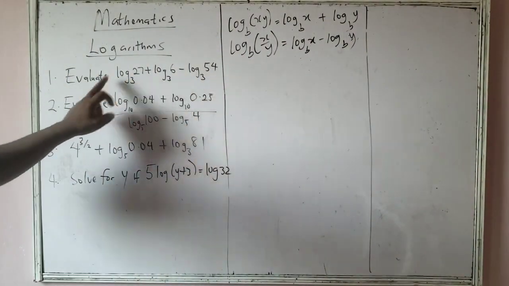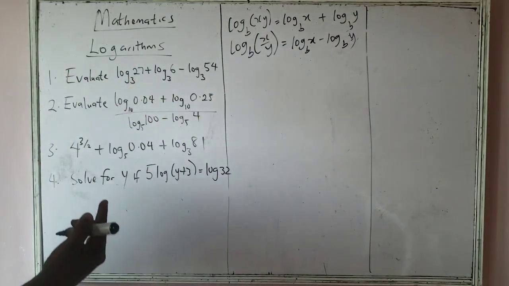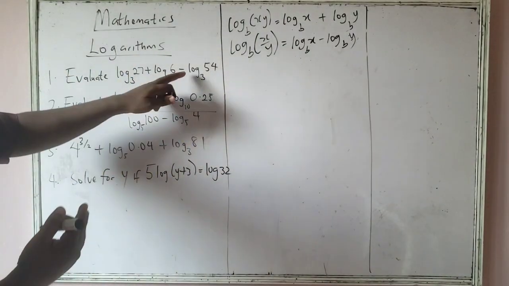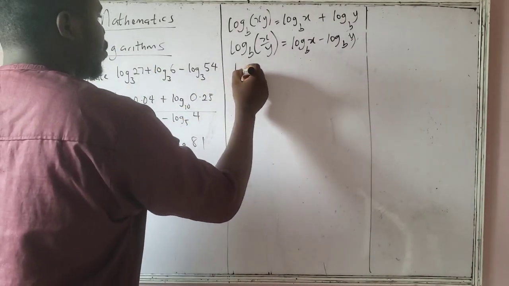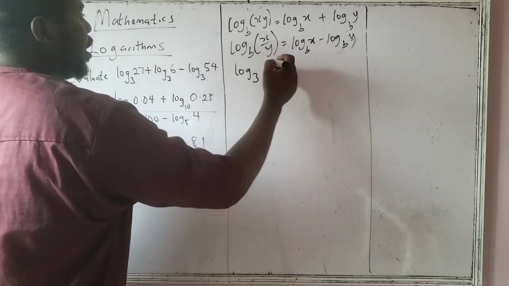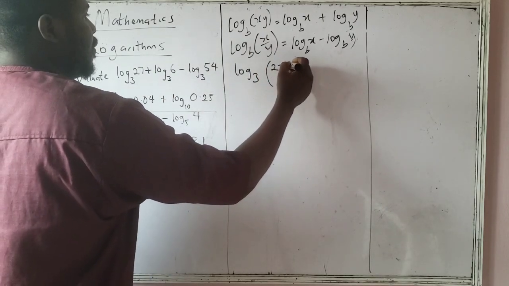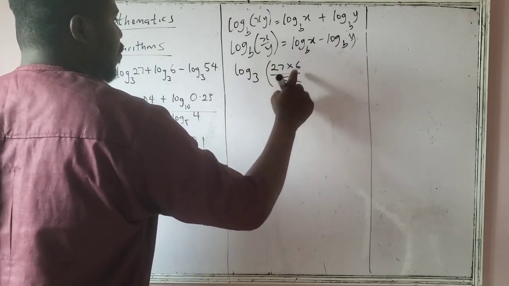You can see that they are in the same base and positive. So when we say positive like that, we are going to multiply, and negative in this kind of question, we are going to divide. So what we have is log base 3, can just go into bracket like this, 27 times 6 divided by 54.